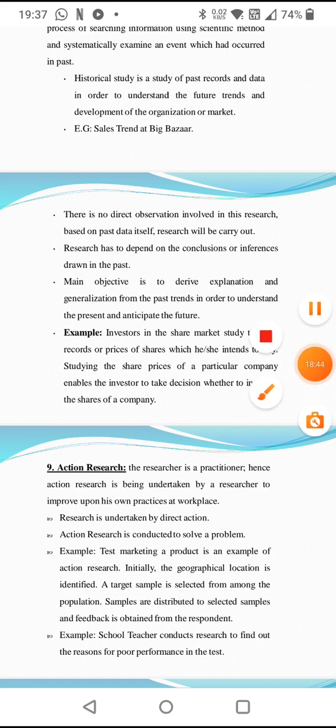The main objective is to derive explanation and generalization from the past trends in order to understand the present and anticipate the future. For example, investors in the share market study the past records of prices of shares which he or she intends to buy. Studying the share prices of a particular company enables the investor to take a decision whether to invest in the shares or not.